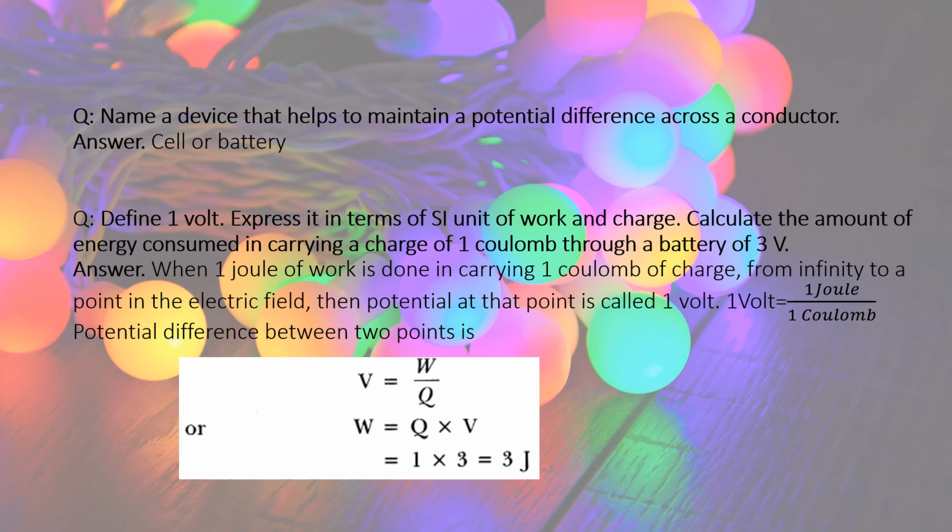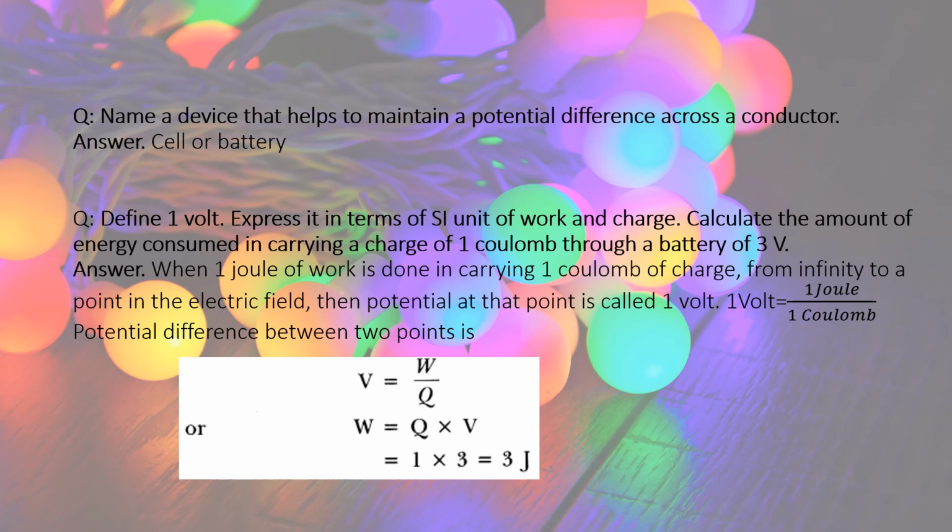Next question, define 1 volt. Express it in terms of SI unit of work and charge. Calculate the amount of energy consumed in carrying a charge of 1 coulomb through a battery of 3 volt. So here also the question is having subdivisions. So it's better to answer like that.